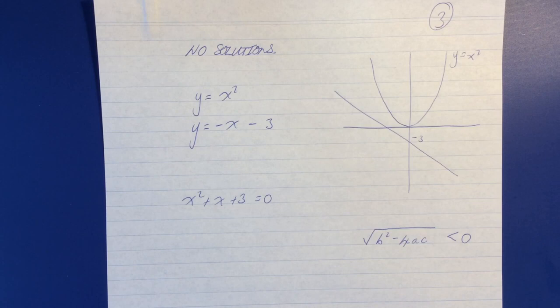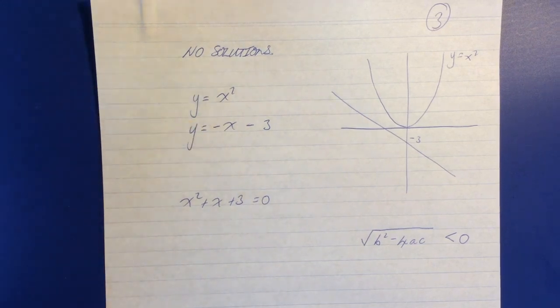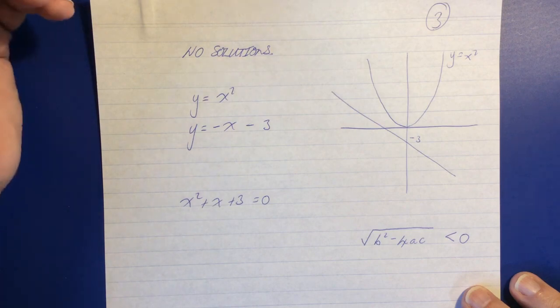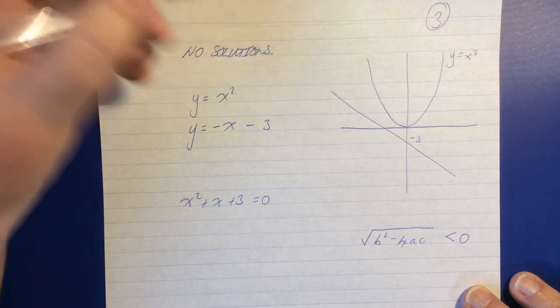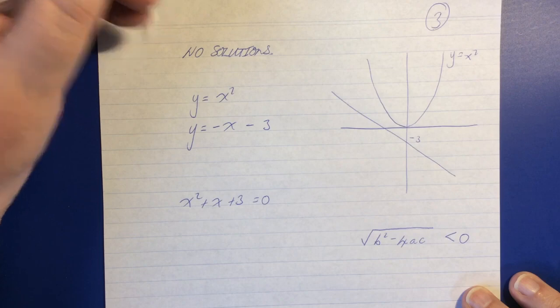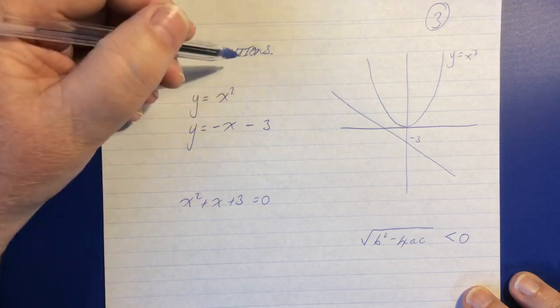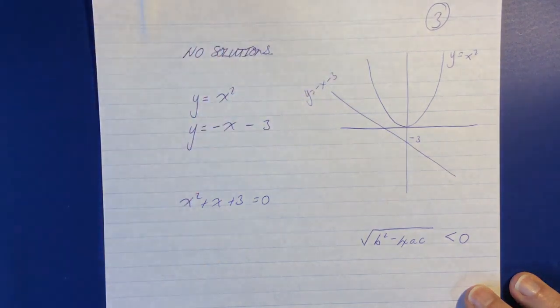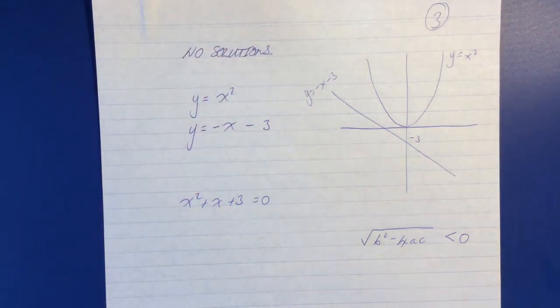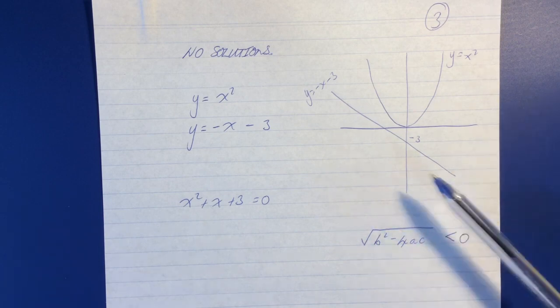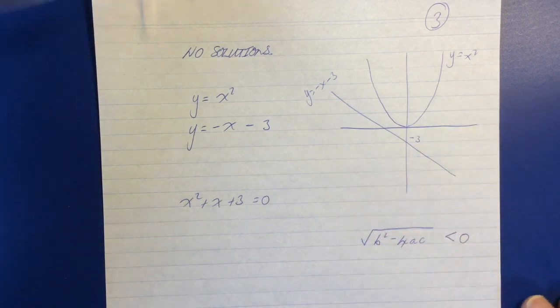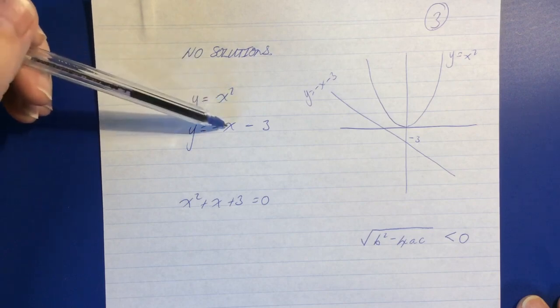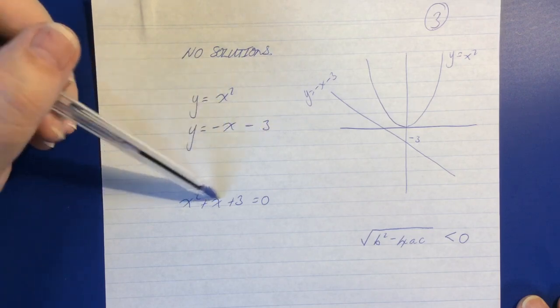And if you're good at drawing graphs, just drawing the graphs of these two things will solve your problem for you, even though there's no solution. Okay, so this is y equals negative x minus 3. Well, let's just go through the motions. Let's just assume that you're not into the artwork. So we make this equal to this, and we come up with this quadratic.